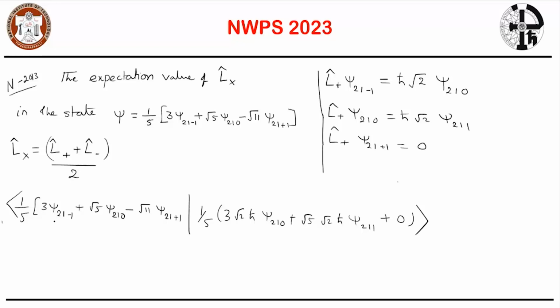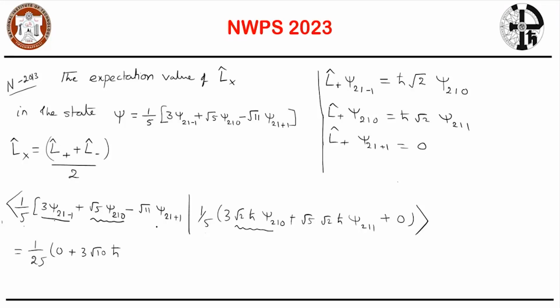Now you see 1 over 25. You multiply this with which one? No one. This one pairs with no one on this side, so you get 0. But this one pairs with psi 2, 1, 0, and that gives you 1 because they're orthonormal. Then I have 3 root 2 and root 5, which is 3 root 10, and there is also h cross.